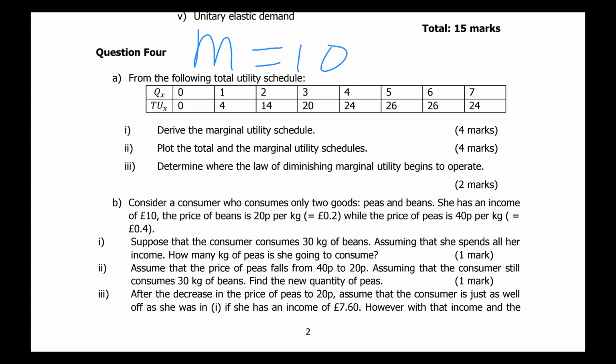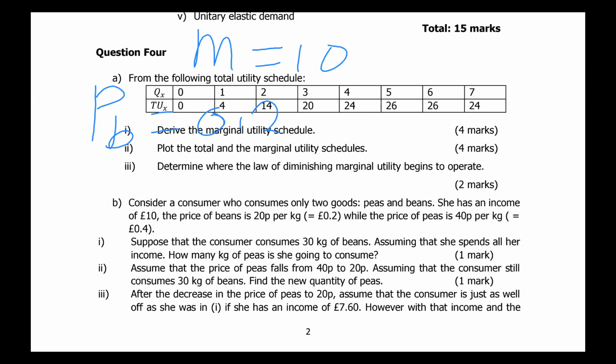And then the price for beans is 0.2 kwacha, which is 20 ngwe.